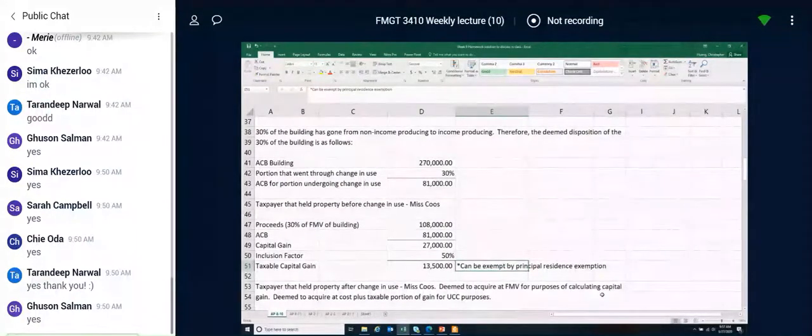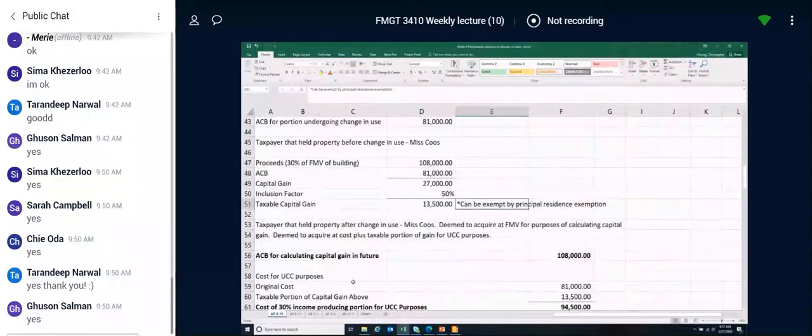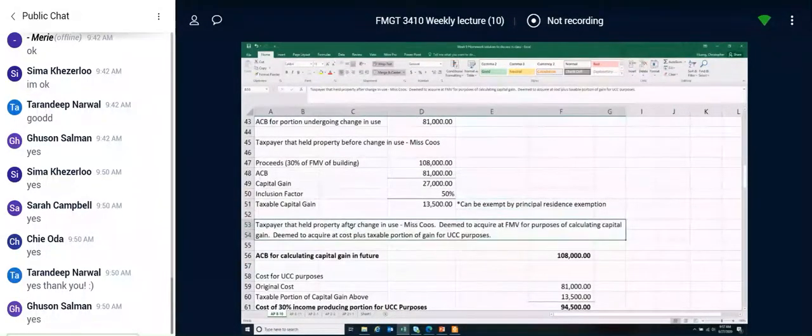So this is the capital gain, but you file your principal residence exemption claim, you'll exempt this. Now you sit there and say, in a change in use event, again, who's the taxpayer that held the property after the change in use? In this case, again, it's Ms. Coos. So now she's deemed to acquire at fair market value for purposes of calculating the capital gain.